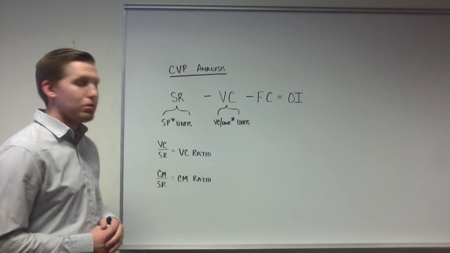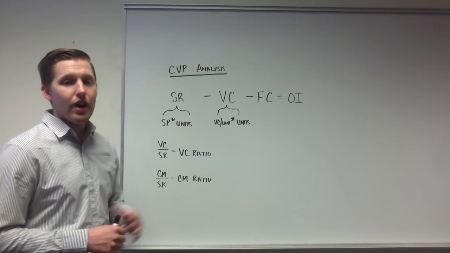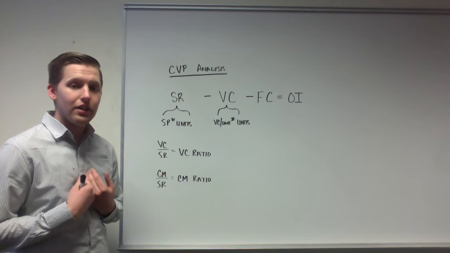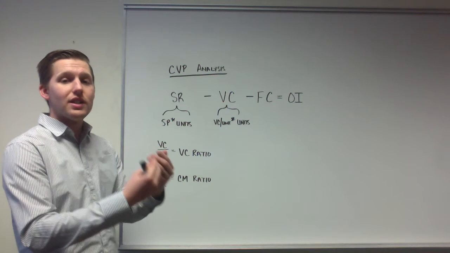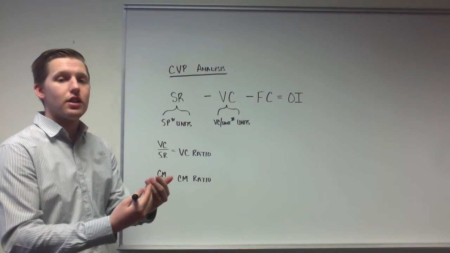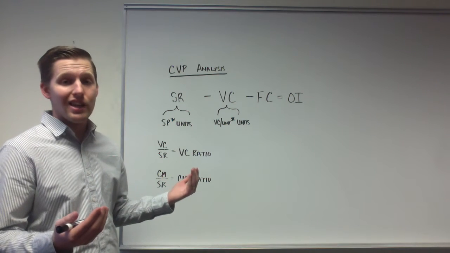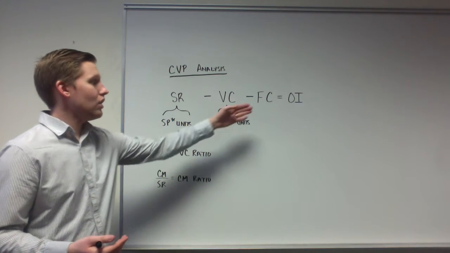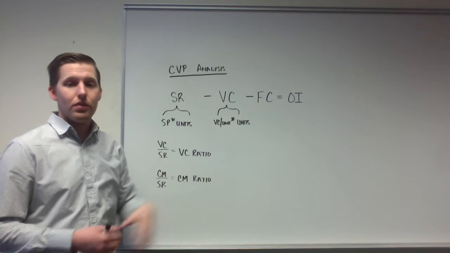So if this ratio comes to 20%, then for every $1 that I get, I spend 20 cents on my variable costs, and I'm left with 80 cents to then use towards my fixed costs.